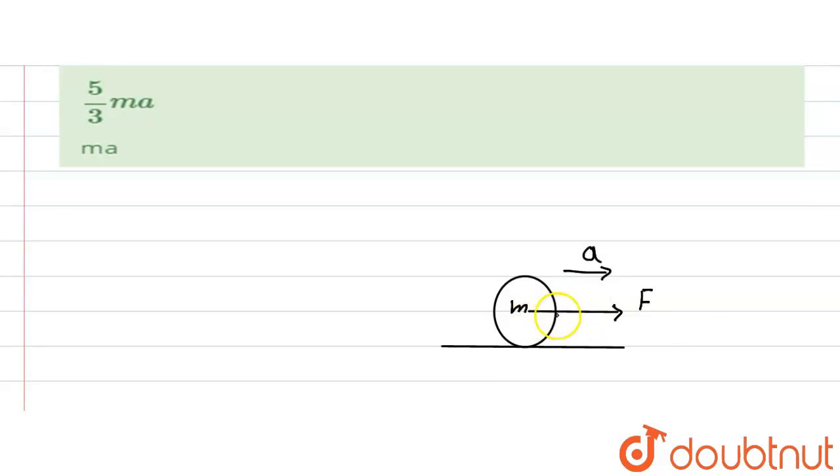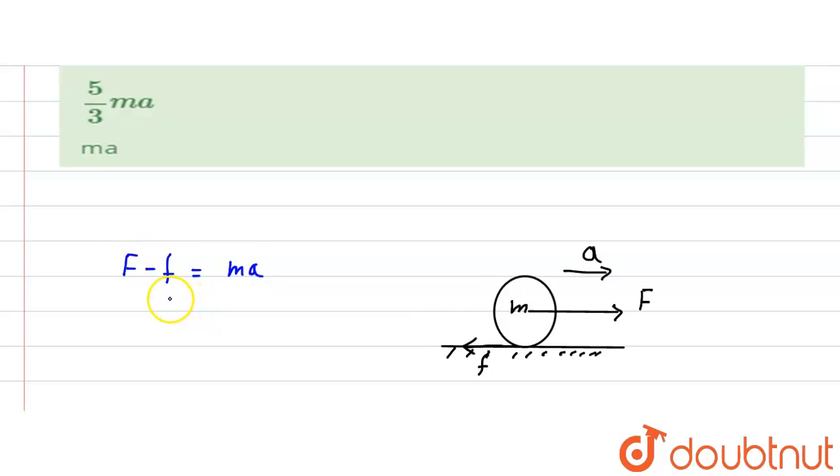So when the force is here, the friction force is on this side, on the horizontal. Firstly we can write the net force acting on this cylinder. So F minus f is equal to ma.